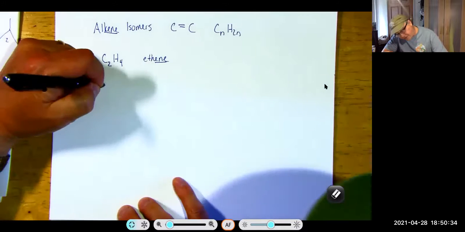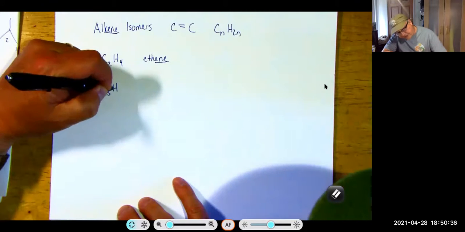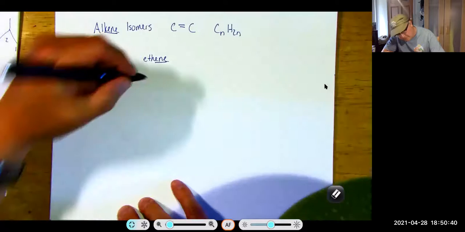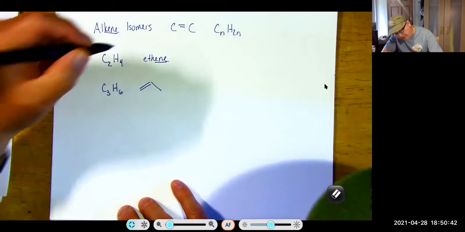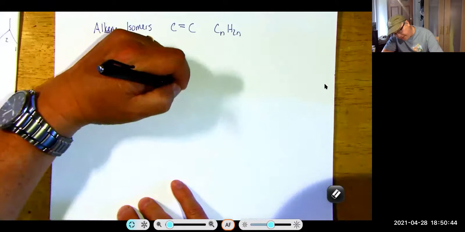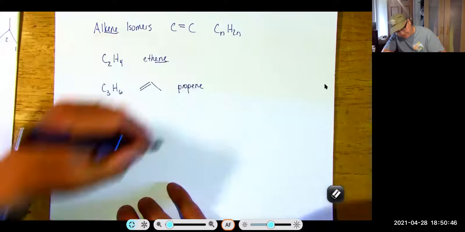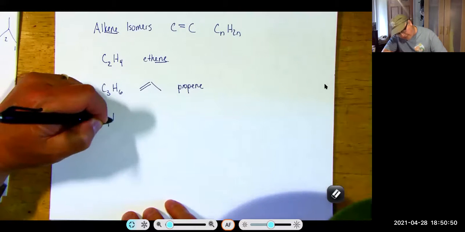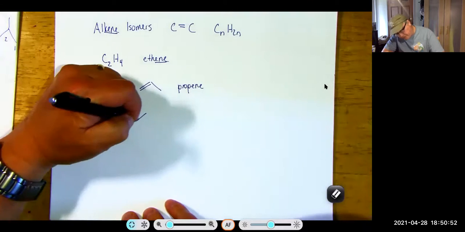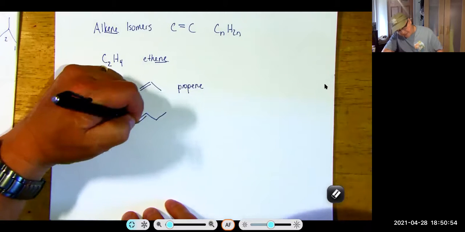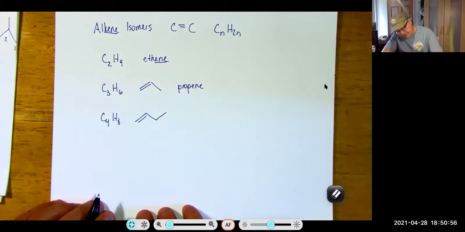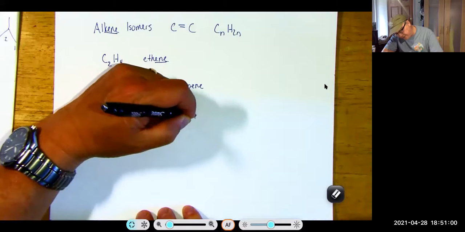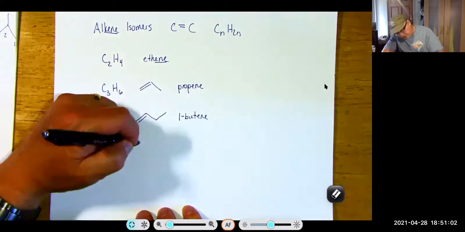Now, if we have a C3H6, so notice that's twice that. This is what we have, and it's called propene. Now for C4H8, there's this guy here. This guy is called 1-butene because there's also this guy.